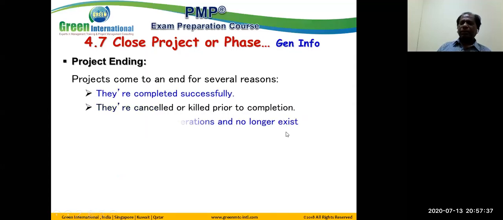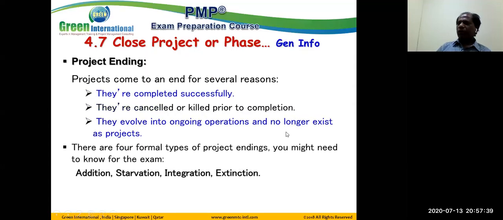But when it comes to the project ending, there are 4 types of ending happening, which may be due to various reasons. Number 1, the project is completed successfully. Yes, this could be one of the endings. Secondly, the project is cancelled or killed prior to the completion.